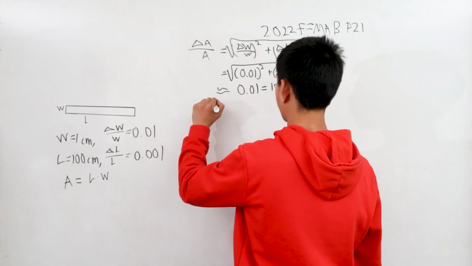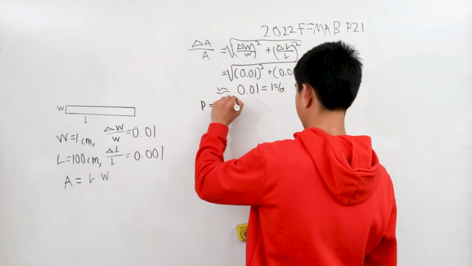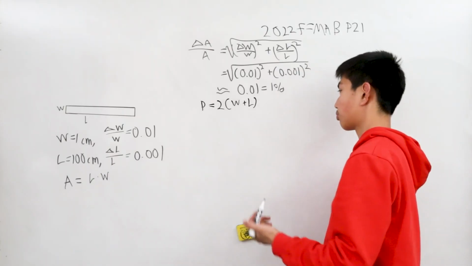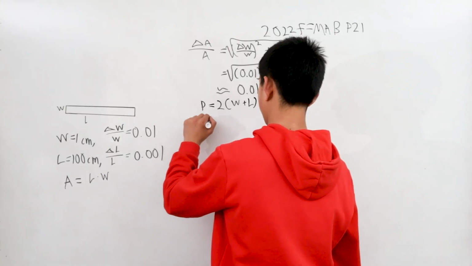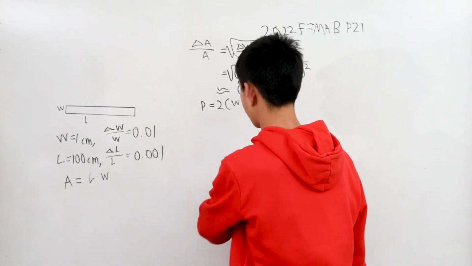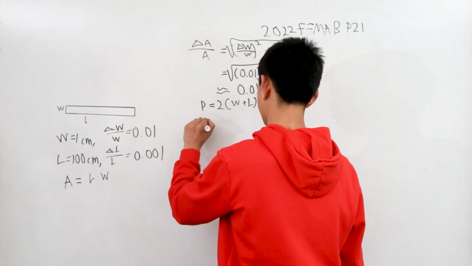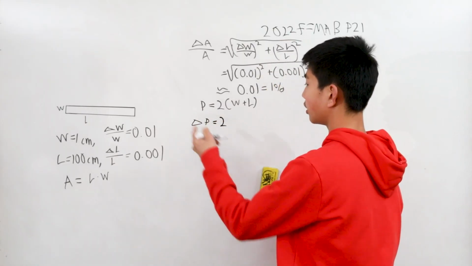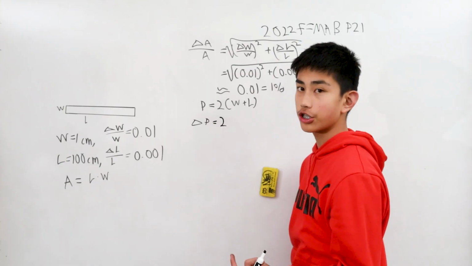The formula for the perimeter of a rectangle is 2 times W plus L, width and length. So first we want to find the change in the perimeter for the uncertainty of this specific case. So delta P is equal to 2 times the square root, and these are just the changes.